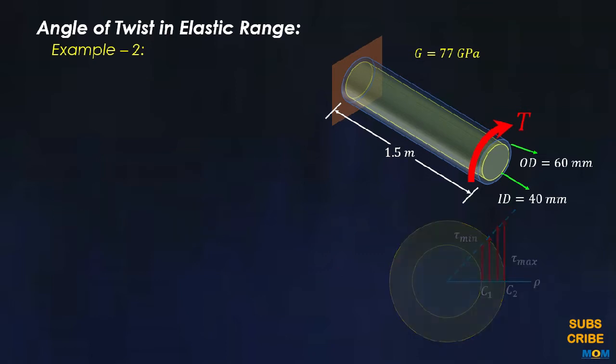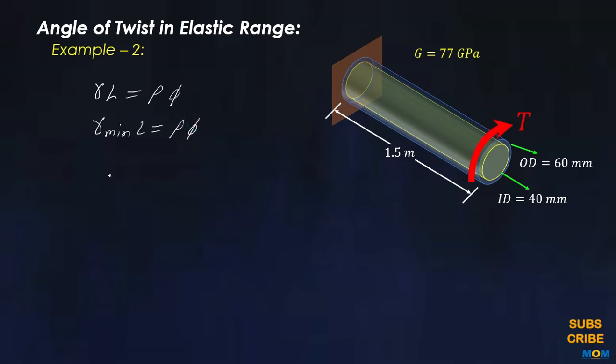So further, as we know that gamma L is equal to rho phi, or gamma minimum L is equal to rho phi.